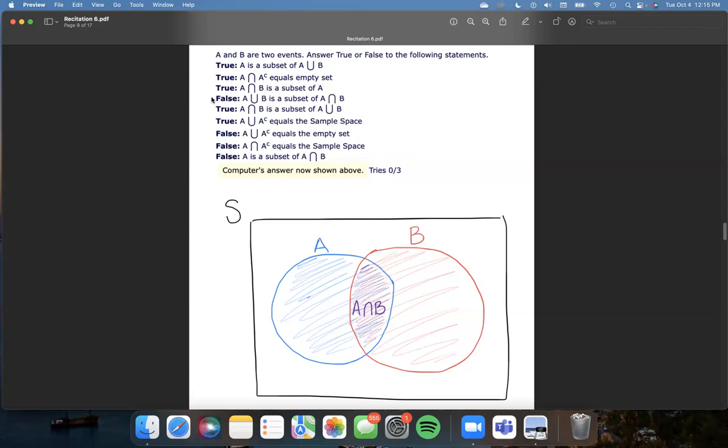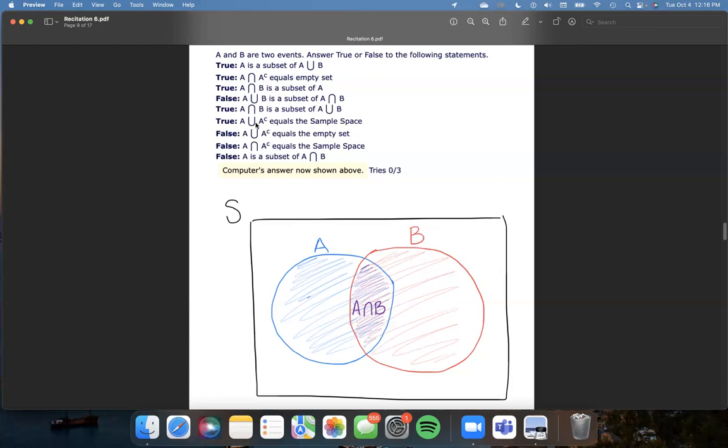Next is A union B is a subset of A intersect B. So that's false because A union B is the larger area. There's parts of A union B that are not in A intersect B. So that's false. A intersect B is a subset of A union B. That's true. This blue purple area is contained in the blue, purple, and red area. So that's true.